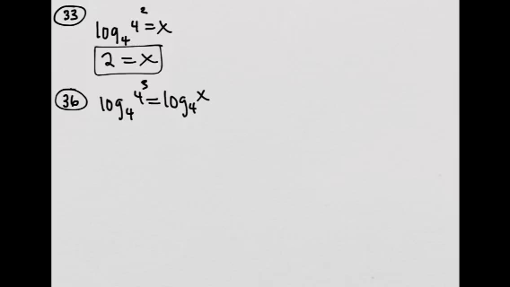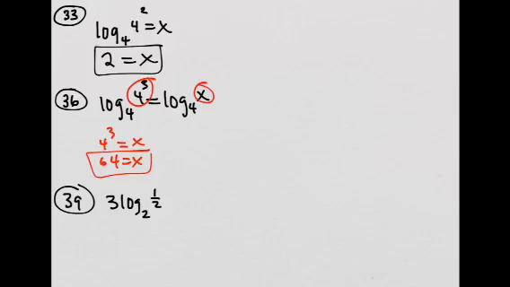Again, there's a property we wrote in today's notes that if the bases are equal in an equation, then the numbers right here are equal to each other. So then we write 4 to the third equals x, which means 64 equals x.